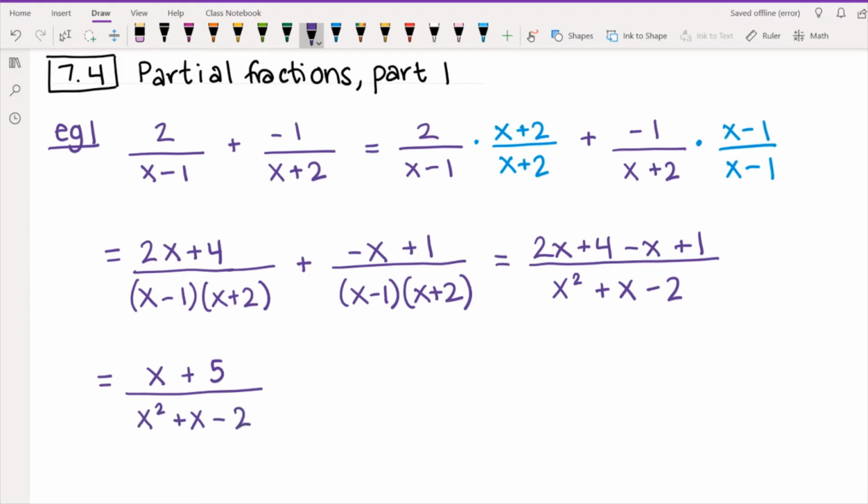All right. So as I mentioned, basically what we're going to be doing in this video is doing what we just did, but kind of backwards. Here we started with two fractions, we added them together by making a common denominator, and we ended up with this. So in this video, we're going to be starting with something that looks more like this bottom answer and learning how to split it up into the two pieces above.